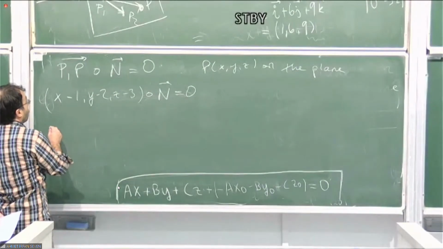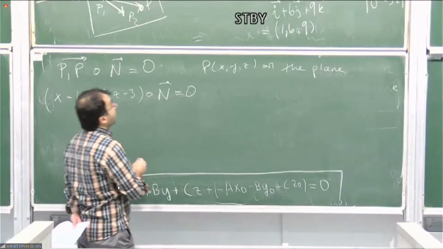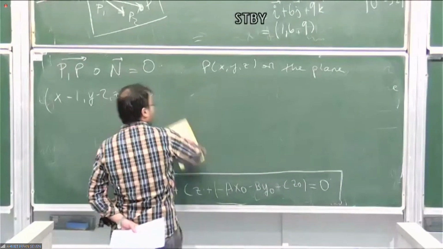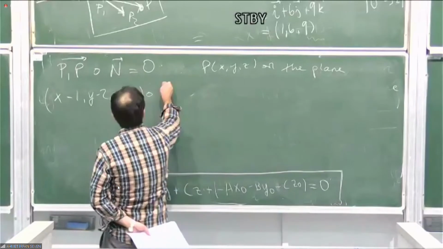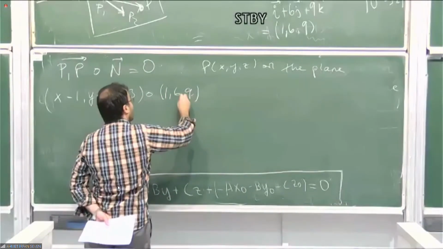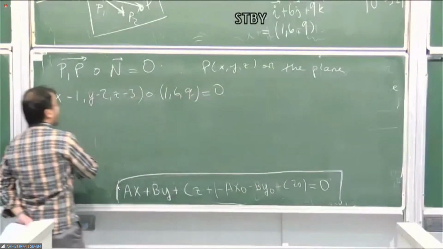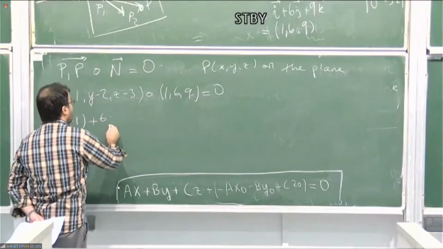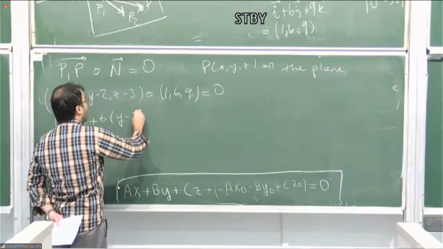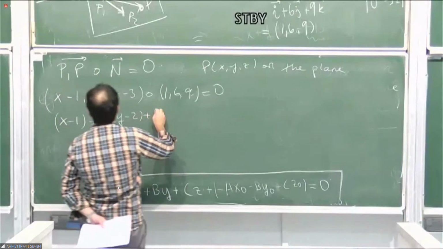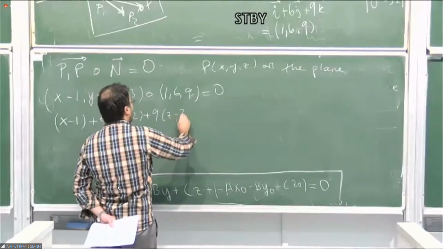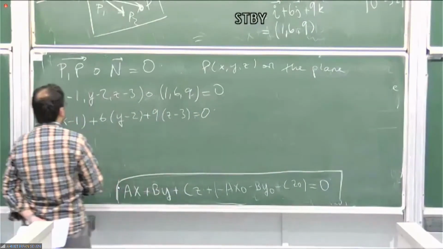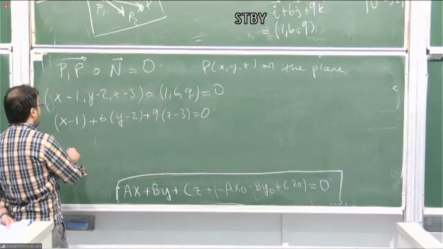Okay. Then n is 1, 6, 9. From here, I'm going to get x minus 1 plus 6 times y minus 2 plus 9 times z minus 3 equals 0. Okay, let's expand this out.